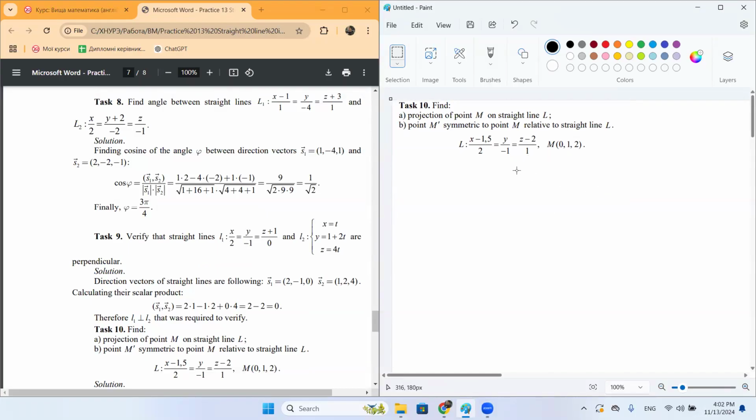So firstly, we need to find a projection of point M. Let's call it N.